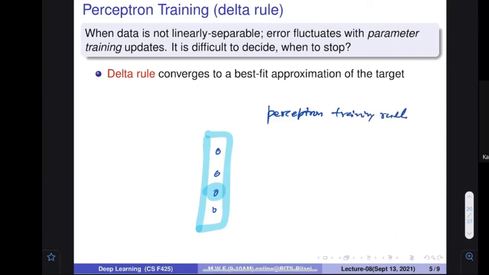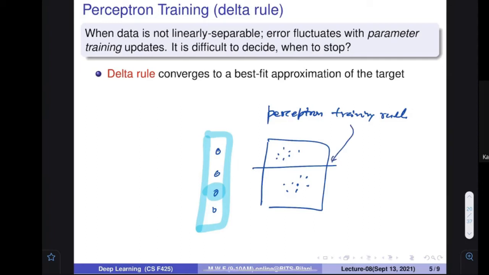We have seen in the previous class that there was something called the perceptron training rule. Using it, we were able to find the appropriate parameters. Recall the scenario: on one side there were positive items, and on the other side there were negative items, and we wanted to find the equation of the line. My perceptron was trying to find the equation of the line that divides this linearly separable data in the right way.